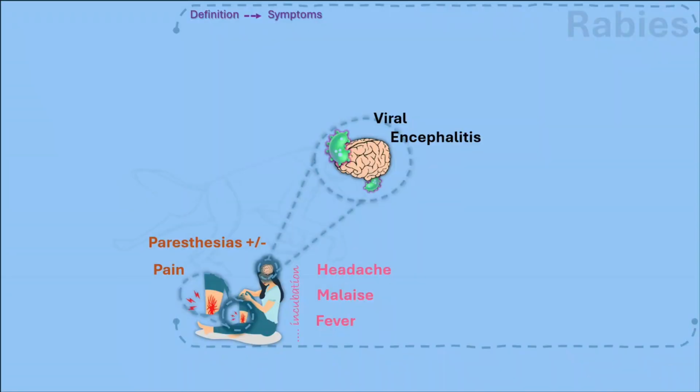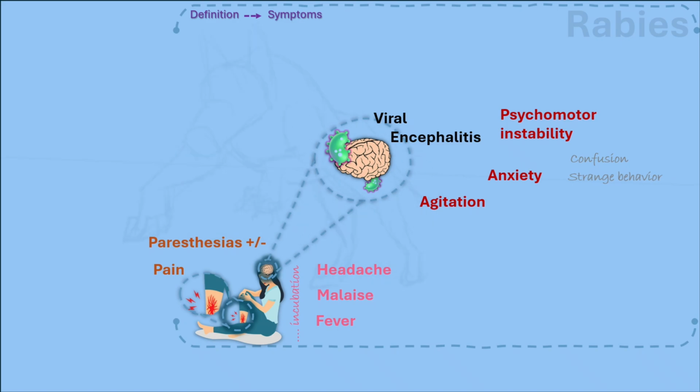Then the clinical picture develops in the form of furious rabies encephalitis with very significant agitation and anxiety in most cases, thus causing psychomotor instability, including confusion, strange behavior, insomnia, and hallucinations.